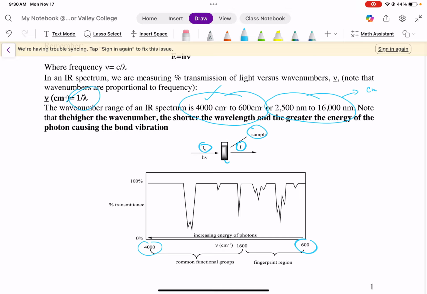So if you have 100% transmittance, that's not good. I mean, the sample does not absorb anything. That's why you don't see any signal. If the sample absorbs some or a lot, then it's close to zero transmittance. Okay, so you start seeing signal, right? Those are meaningful signals due to special bonds. That's functional group.